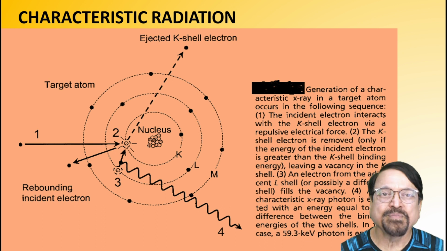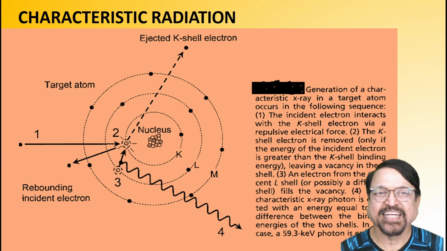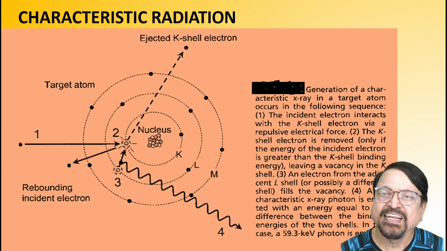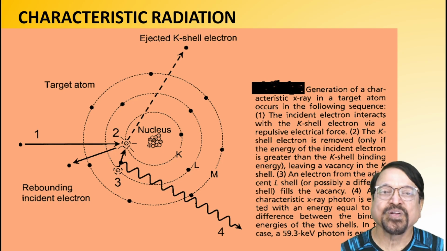The electron from the adjacent L shell, or possibly a different shell, fills the vacancy because the nucleus will pull it. That will result in a characteristic X-ray photon and liberation of that energy, or conversion of the energy into the characteristic radiation. In this case, a 59.3 keV photon is emitted.